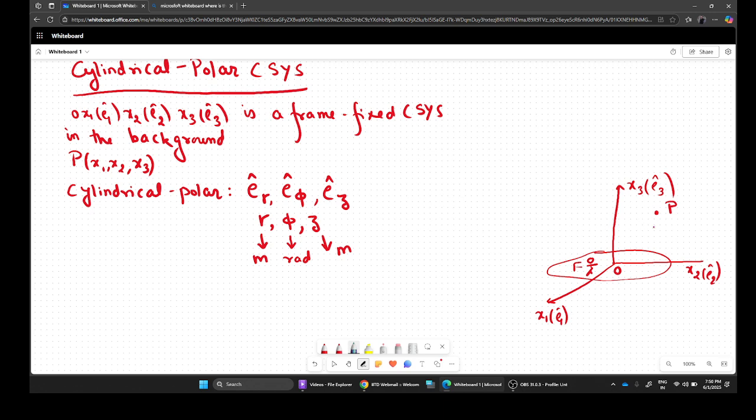We first drop a perpendicular from point P to the plane of x1 e1 and x2 e2. Let this perpendicular meet this plane at point P prime.